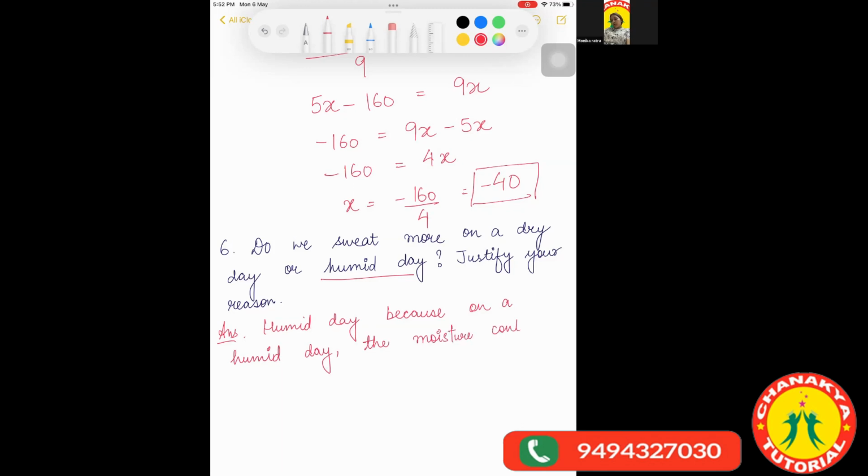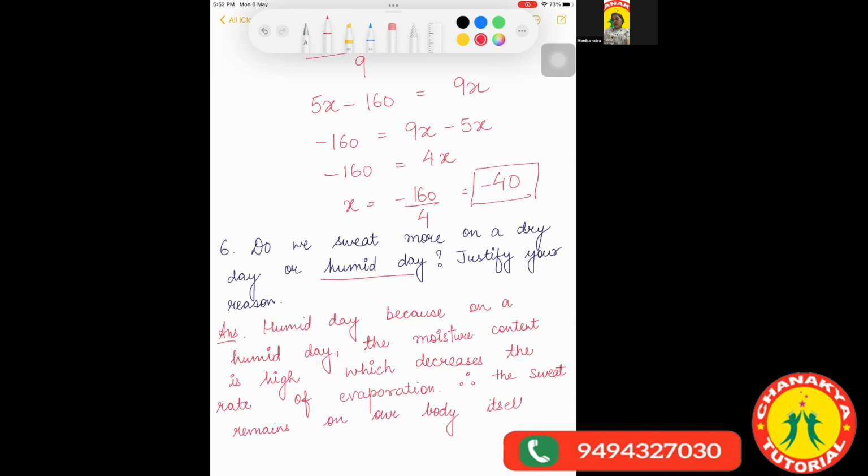The moisture content is high, which decreases the rate of evaporation. Therefore, the sweat remains on our body itself. Is it clear? Any doubts?